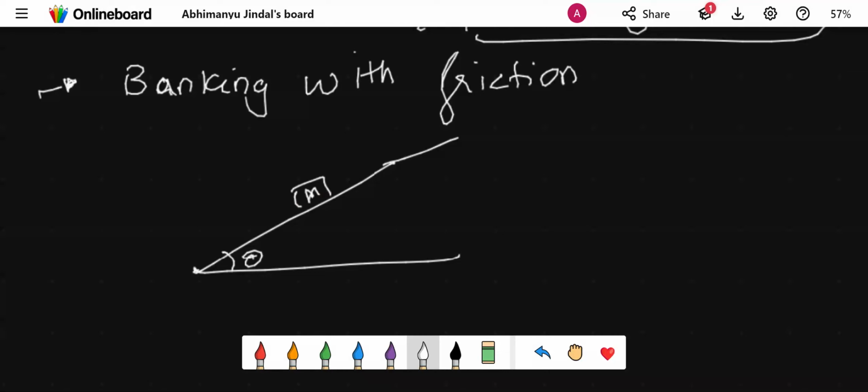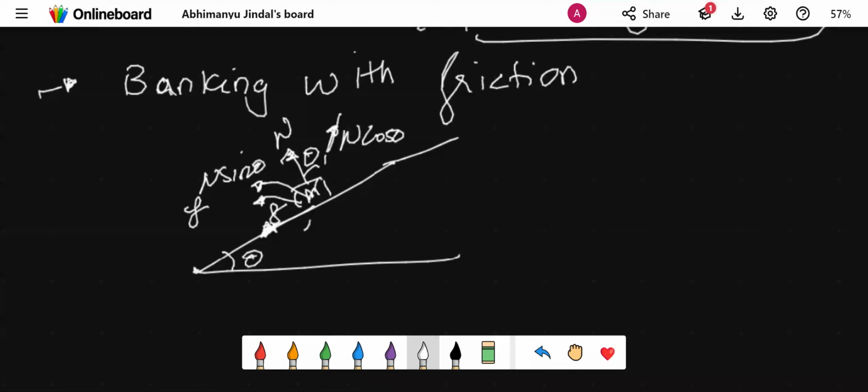So this is mass m, and this is normal force n at an angle theta. So this is n cos theta, this is n sine theta. Now you guys know friction is this way because it's going in a circular path this way, and in order to keep it in the circular path, friction helps. So this is f cos theta obviously, and down here is f sine theta.